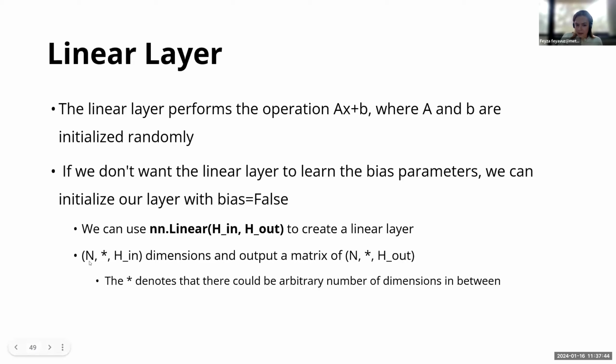N is the number of inputs, with an arbitrary number of dimensions; a colored image has 3 dimensions, but a grayscale image has 2 dimensions. H_in is the size of the image, for example, and for the output, for MNIST, where we classify the digits, H_out will be 10. The star denotes that there could be an arbitrary number of dimensions in between. But the important part is what we give as H_in and H_out.